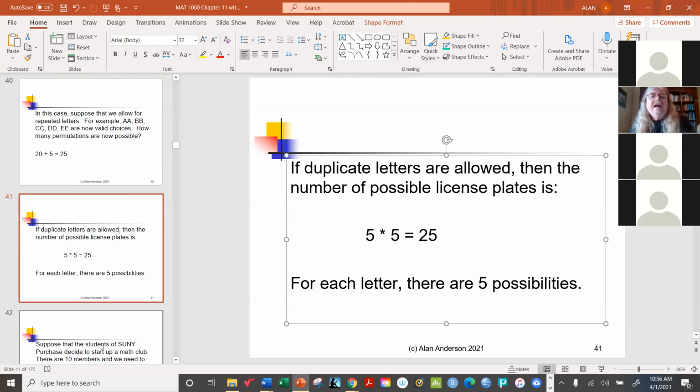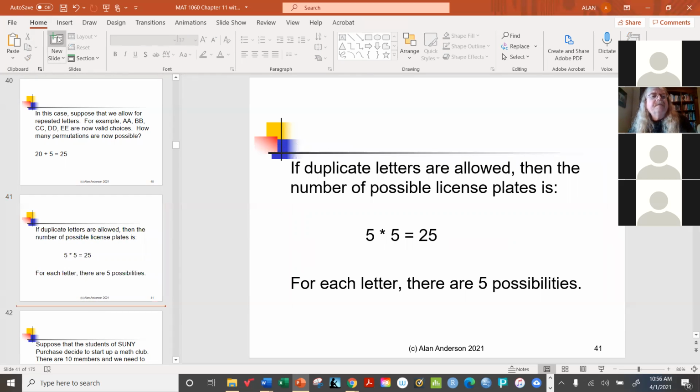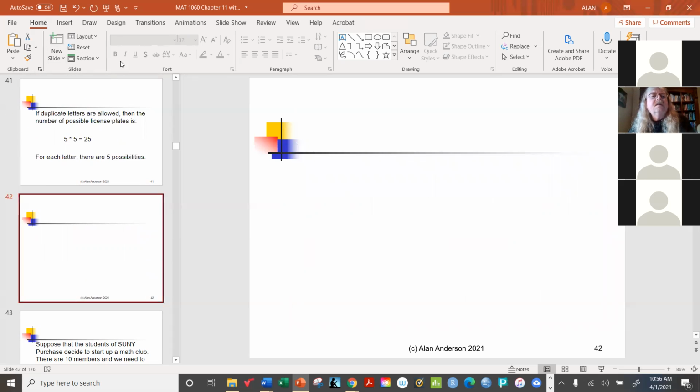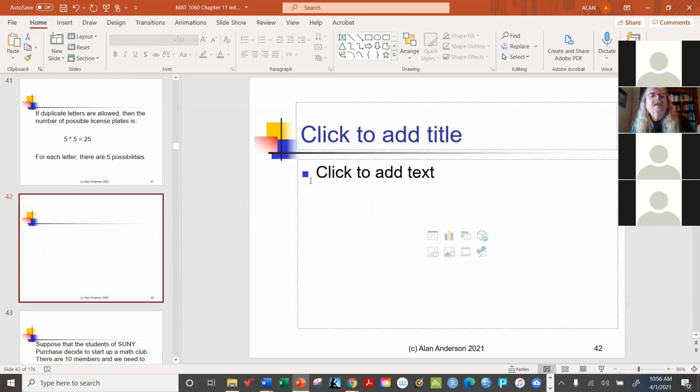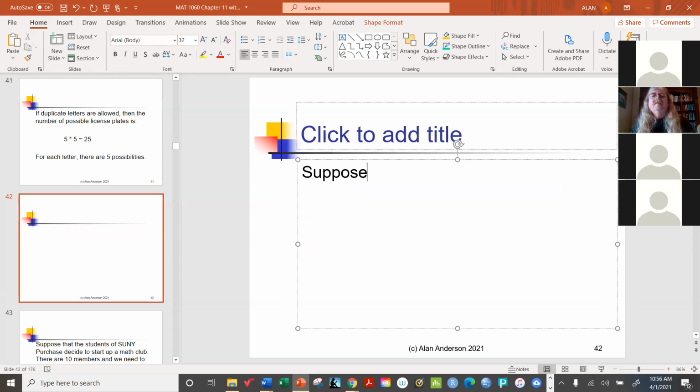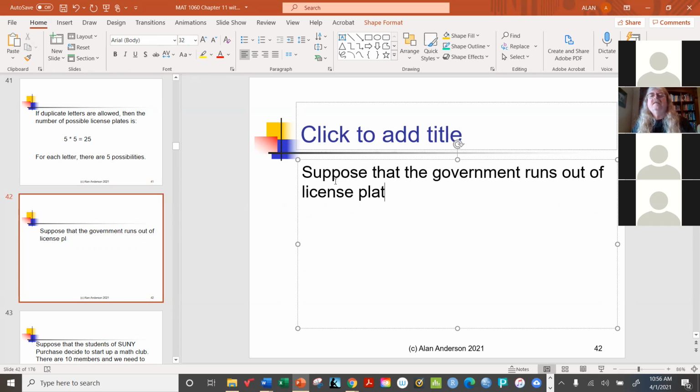Okay. Now, just for the fun of it, let's try this case. Suppose that the government runs out of license plates. They're all taken, okay? License plates. In the sense, not that they can't make them anymore, but they're all taken.